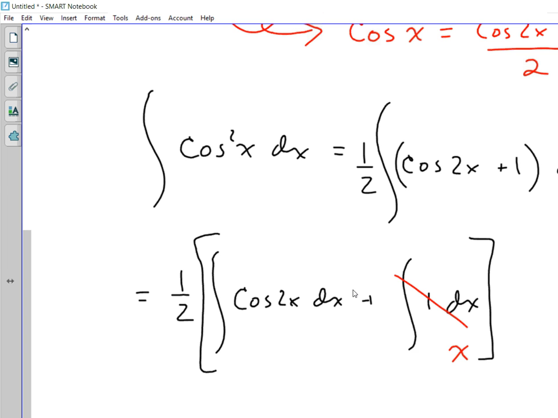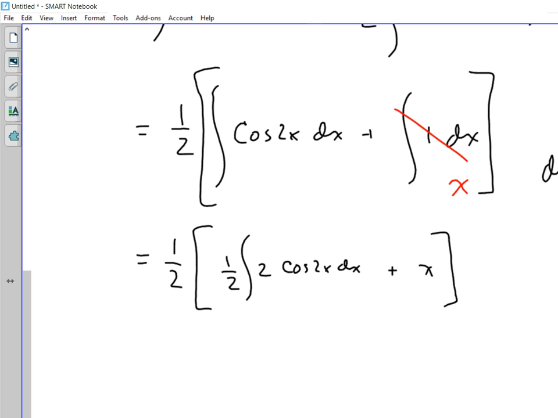Now for the first one, cosine of 2x, that's a u sub. So u is 2x, du is 2 dx. So we're going to put a 2 on the inside. Okay? And now, there's my du.